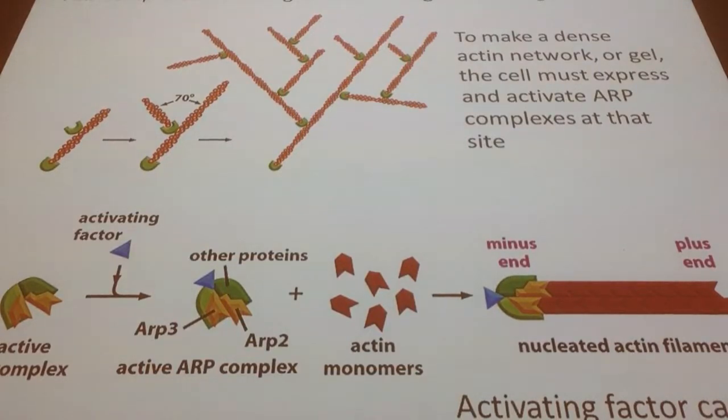Do you see the difference between formin and ARP? Both of them will carry out nucleation of microfilament, but they do it in different ways, and there are different needs for them. Okay? Yes? No? So that's one level of regulation.